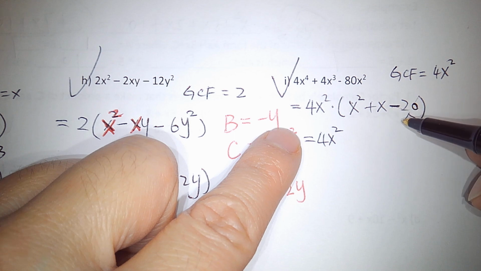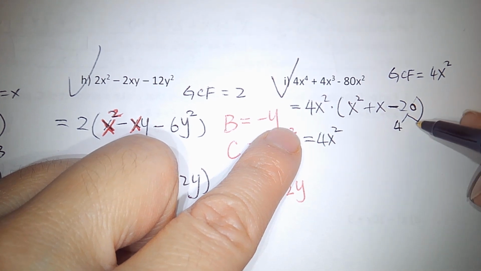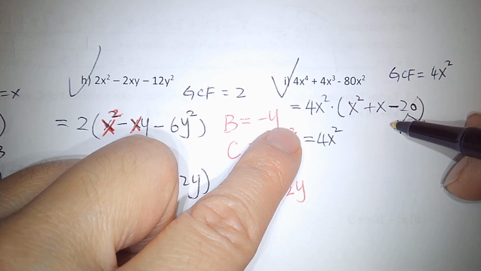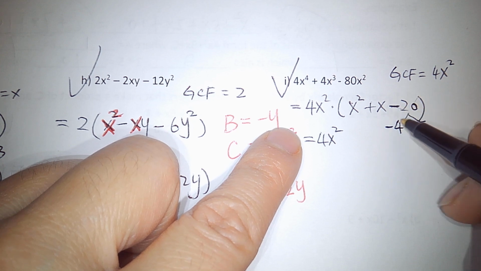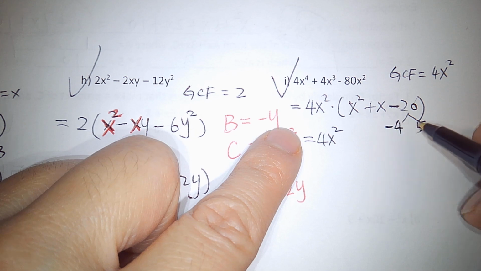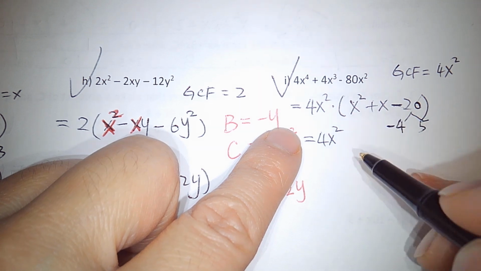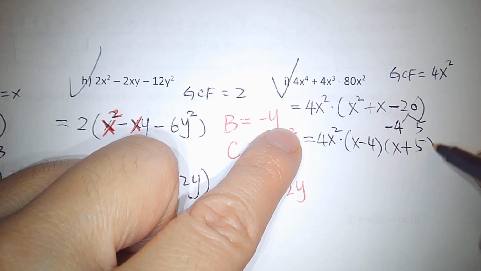If C is positive, we'll get both positive or both negative. So negative 4 and 5, sum equals 1. So yes, you're right. 4x squared times x minus 4 times x plus 5. Done.